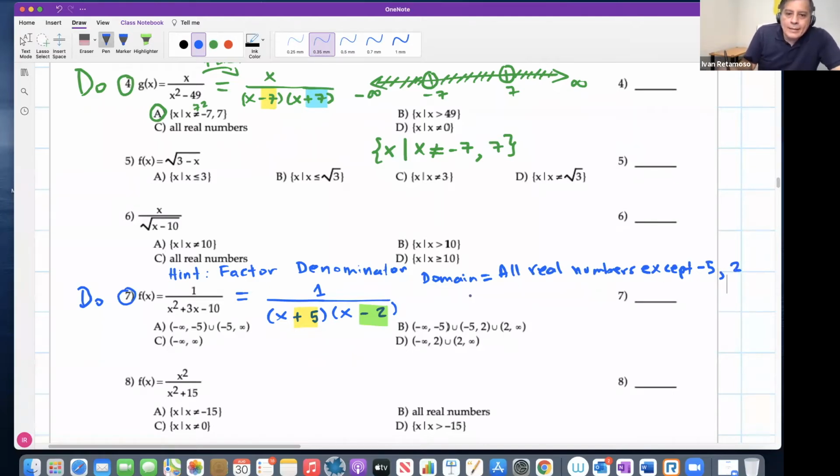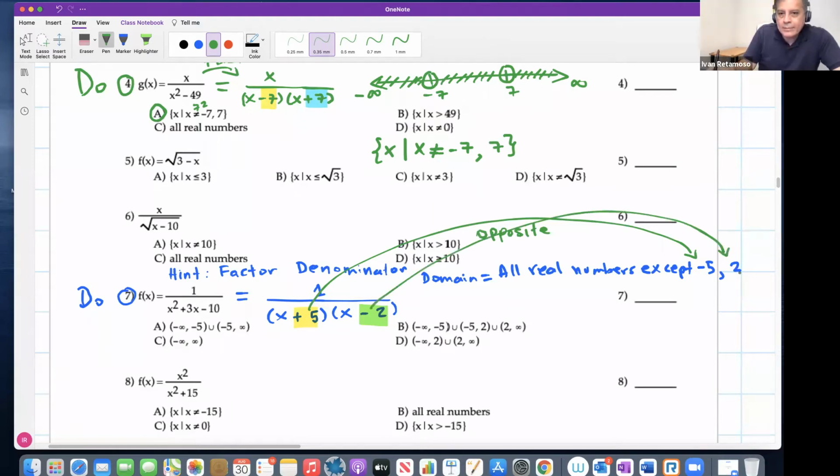Maybe I should point that out. When you do your homework, you will use this: how I found this -5, opposite of +5, how I got this +2, opposite of -2. Opposite. All right, very good, guys.